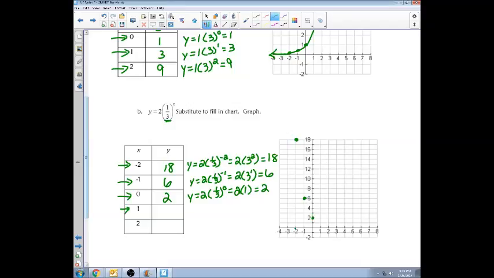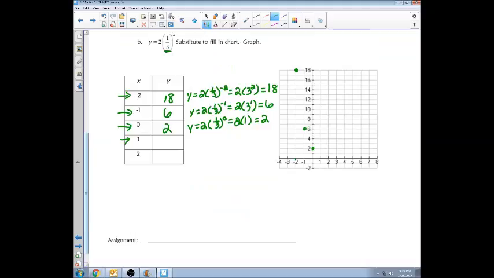If I go ahead and work with 1 in for my x, y equals 2 times 1 over 3 raised to the 1st. Well, anything raised to the first power is just itself. So 2 times 1 over 3 would be 2 over 3, which is pretty close to the top of our little box there. And then for 2, y equals 2 times 1 over 3 raised to the second.